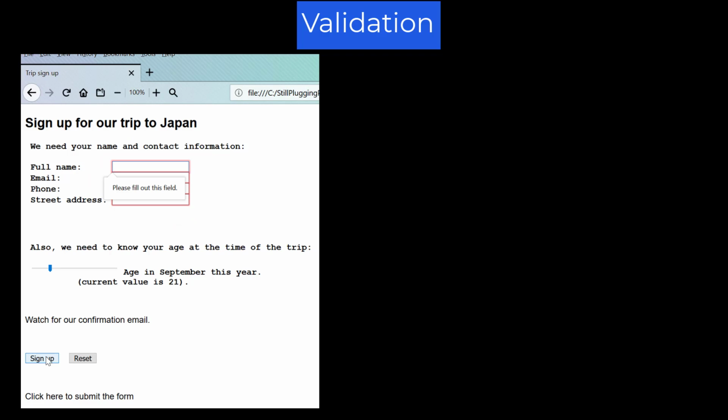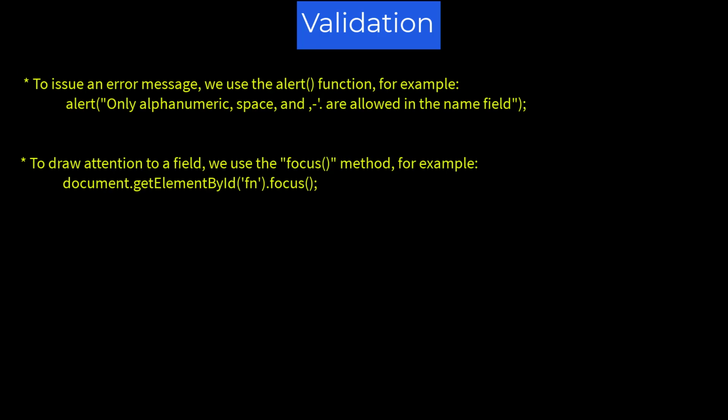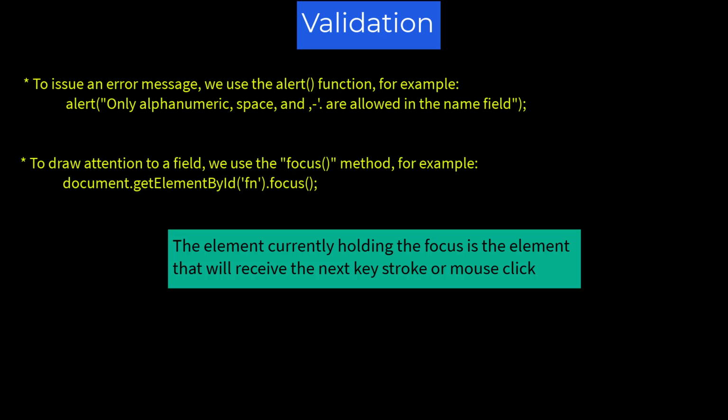Let's add that functionality. To issue an error message, we use the alert function. To draw attention to the field in error, we use the focus method. When an element has the focus, that is where the next keystroke or mouse click will be sent. We can cause the focus to move to an element by using the focus method.